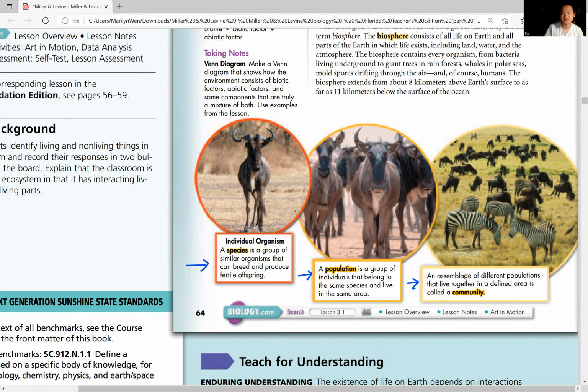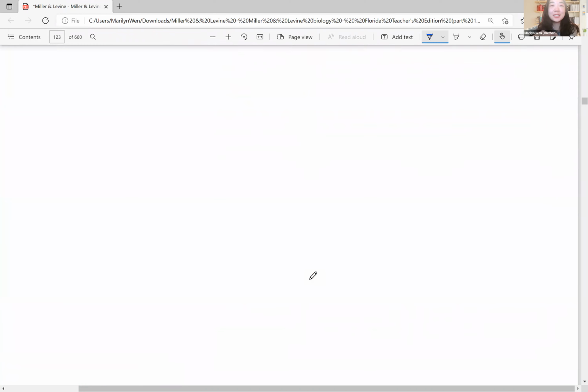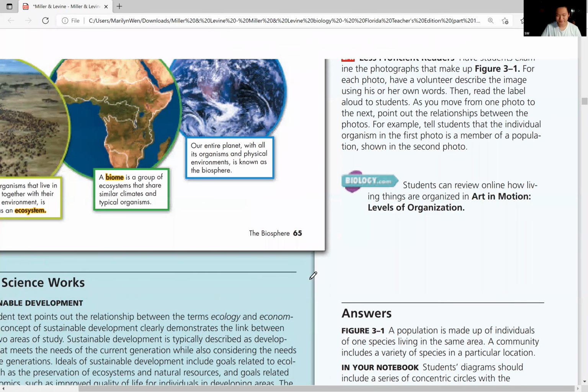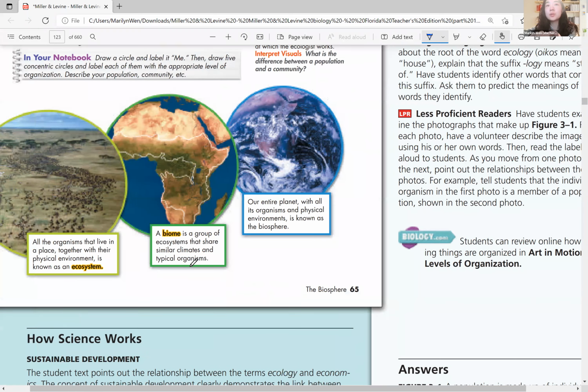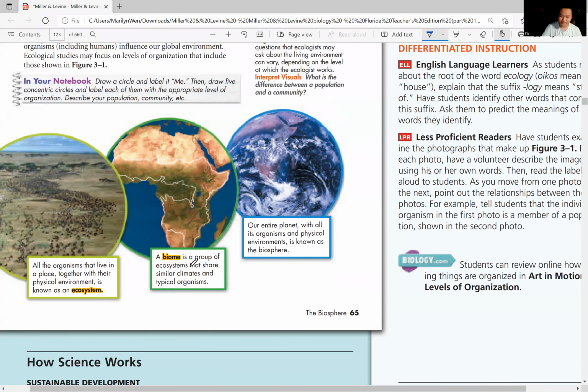So species is the smallest one, right? Then the community is the biggest one. Community is not the biggest one yet, but for those three, the community is the biggest one. And then you need ecosystem, biome, and then planet.